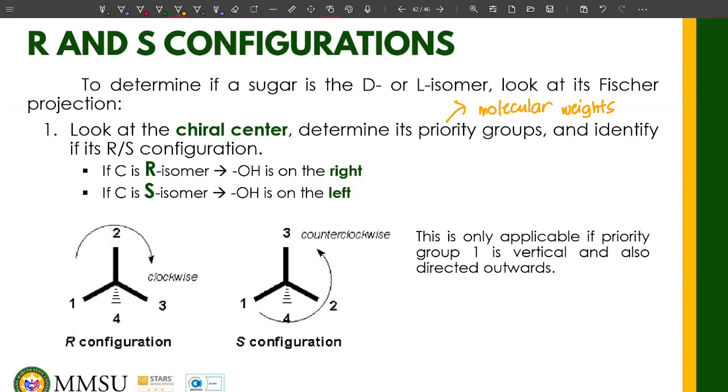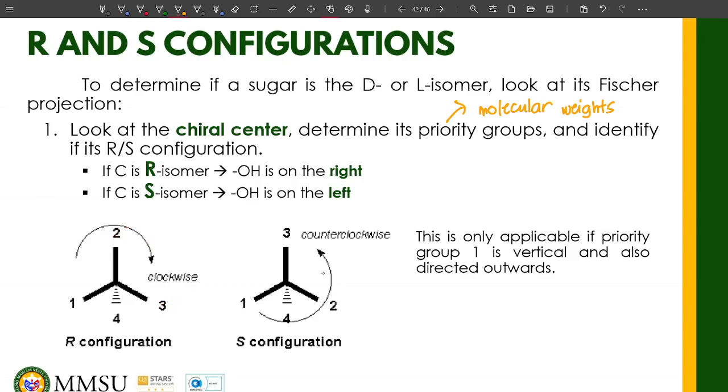So, we have the R configuration if your priority group order or direction is clockwise, and counterclockwise for the S configuration. For example, if your heaviest group is here and your second is here, the direction is clockwise. It can also be that 1 is here and 2 is here, and the direction is still clockwise. So that is an R configuration.